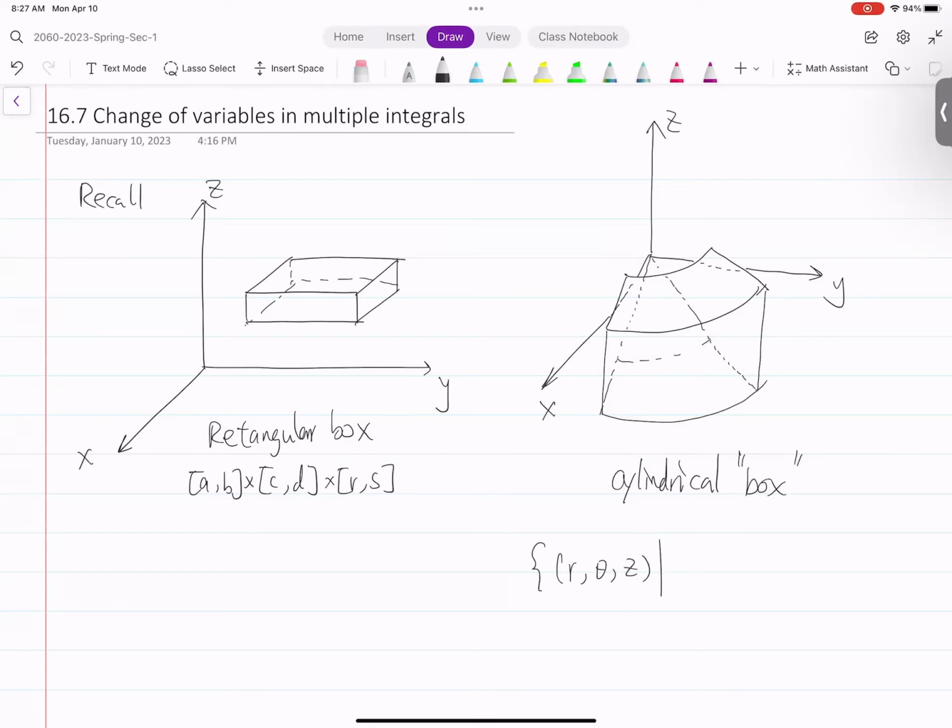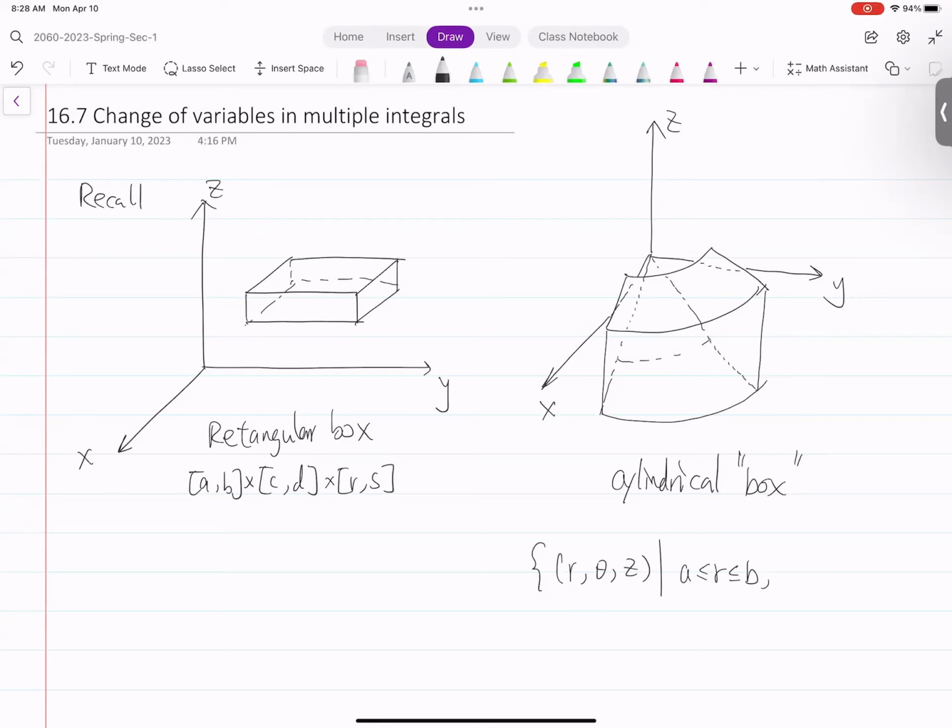Because in terms of the cylindrical coordinates, we have r, which is the radius from a to b. So the inner radius right here has a radius of a, and the outer has a radius of b, right? So that's why we have this sector.